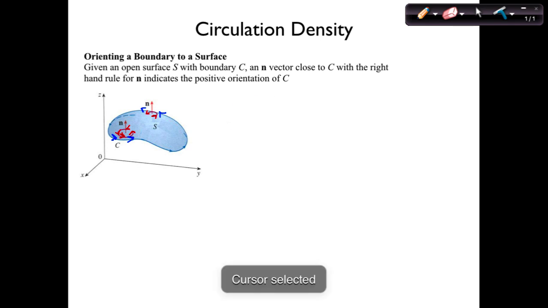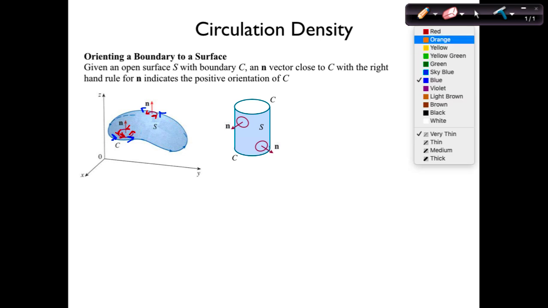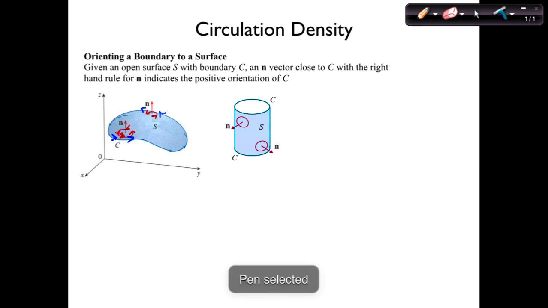That example's simple. It gets a little more complicated when you have something like this. If S was just the sleeve, and your C had two parts to it, like those two circles, let's do this first. For this N, would it be counterclockwise or clockwise? Again, counterclockwise, like this.